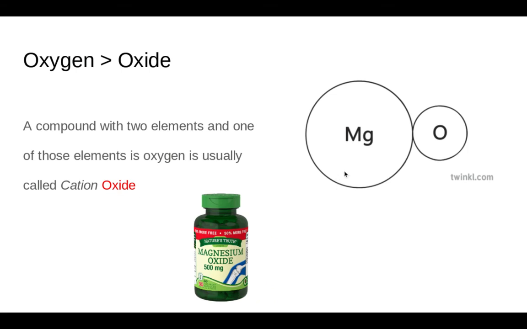The cation usually comes first, and then we say the name of the anion. Instead of saying magnesium oxygen, which would be two separate elements, when they join together, we say magnesium oxide. That's a new product. When magnesium and oxygen react together, they form a new compound.